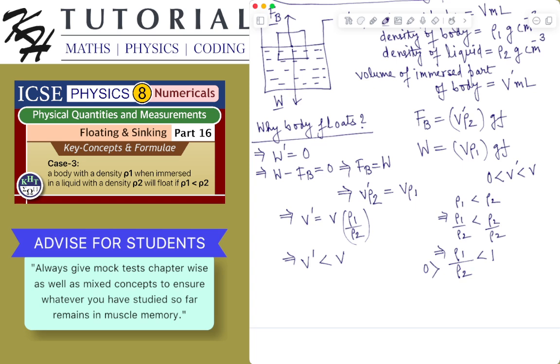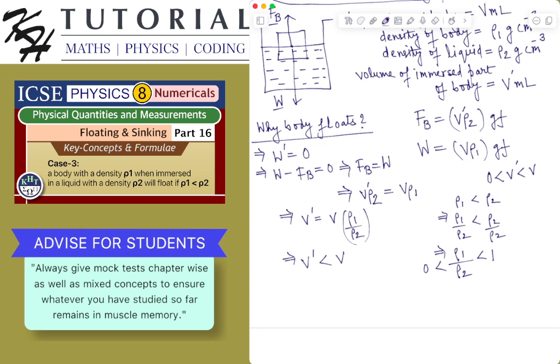Sorry, rho 1 by rho 2 is greater than 0 but less than 1. If this is so, then V multiplied by rho 1 by rho 2 should be less than V, which is quite possible. We know that V dash is always less than V.